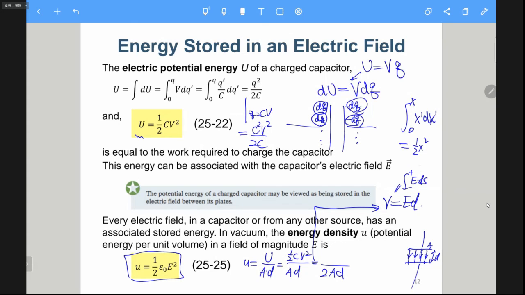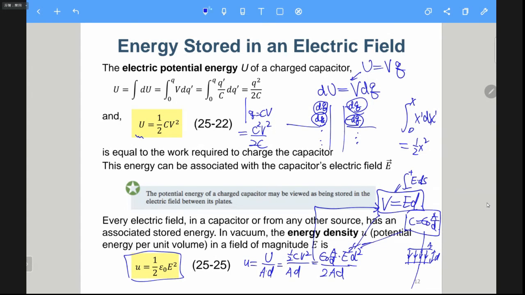We have this expression, and also for the parallel plate capacitor, we have C equals epsilon naught A over D. So with V squared equal to E squared D squared, we plug these two into here.